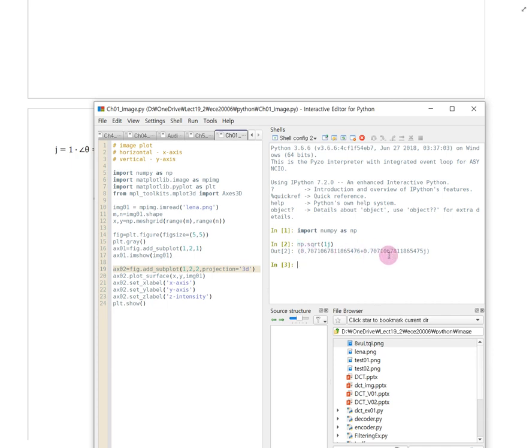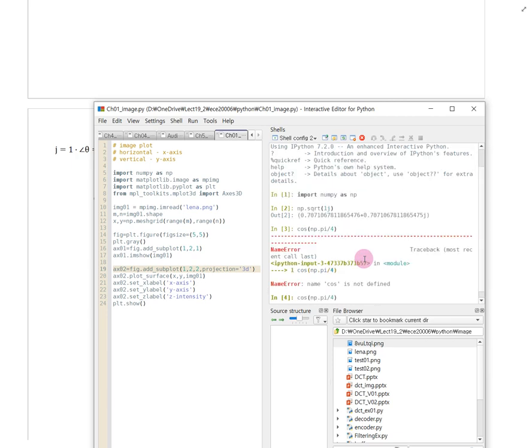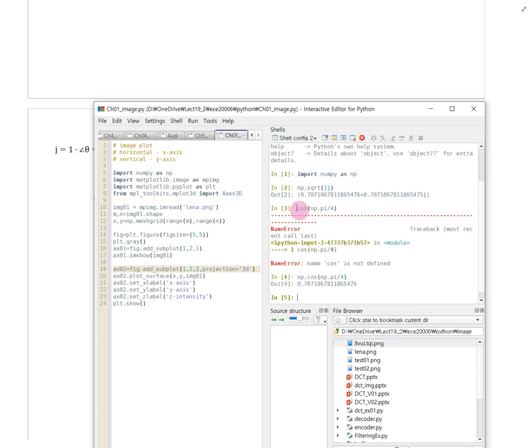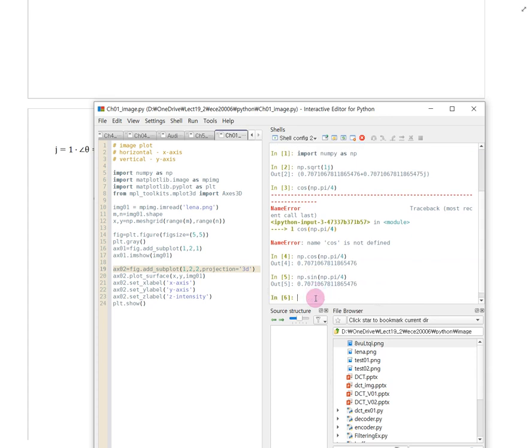Real and imaginary parts are the same because this one is cosine pi over 4. Okay, sorry, it's np.cos(pi/4), that's 0.707. Sine is also the same, pi over 4, the same thing. So that's why the square root of 1j looks like this one.